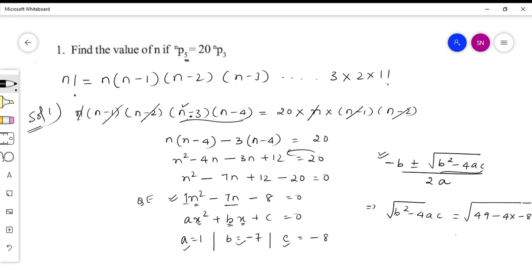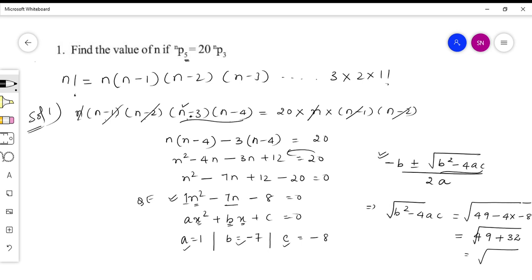Correct? So you get this as 49, minus into minus will become plus, 8 fours are 32, under root. Now this is equal to 49 plus 32, which is going to give me 81.